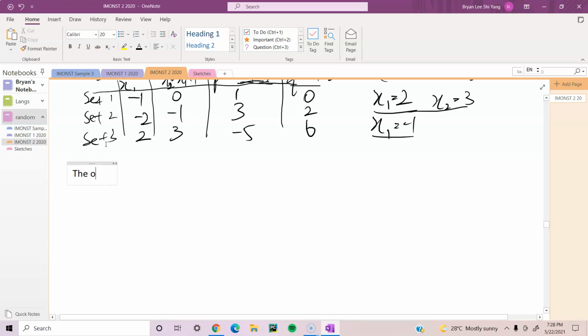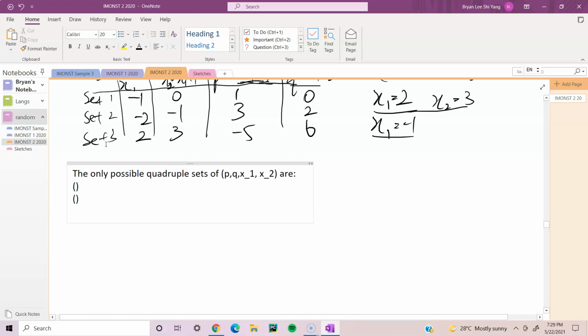The only possible quadruple sets of p, q, x1, x2 are, so we have 3 sets, right?